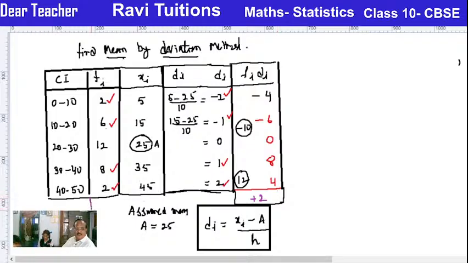And this total frequency is how much? 8, 20, 28, 30. Got it?